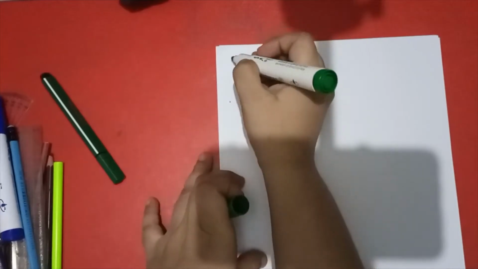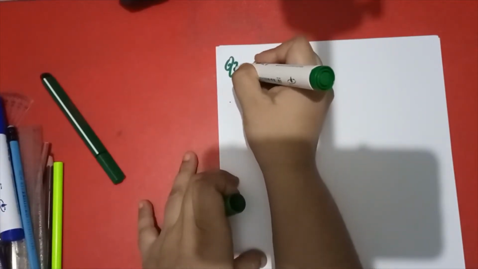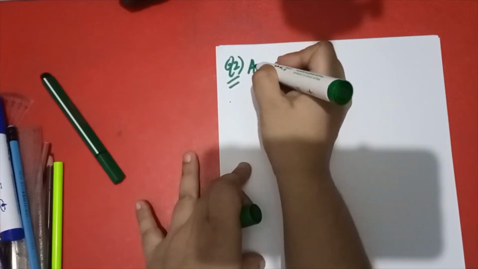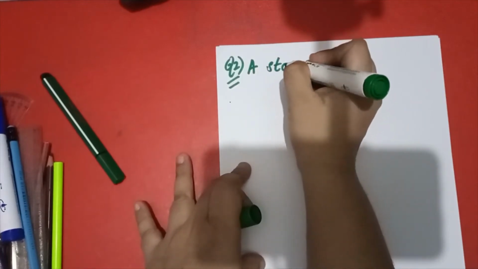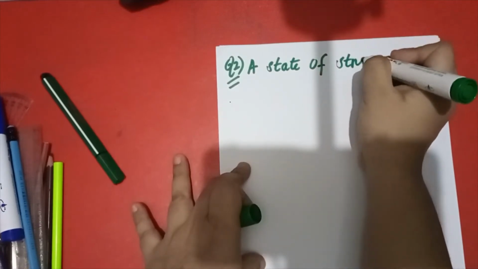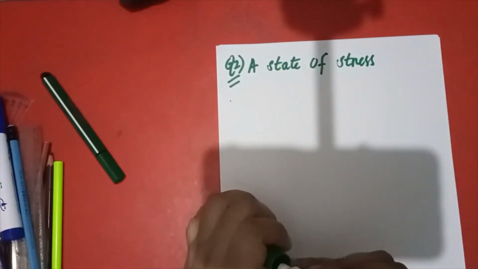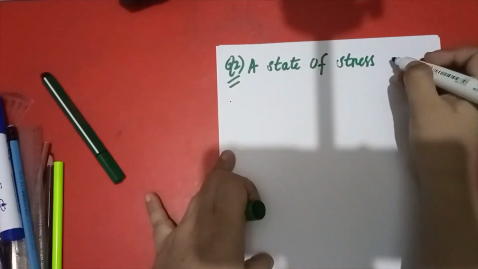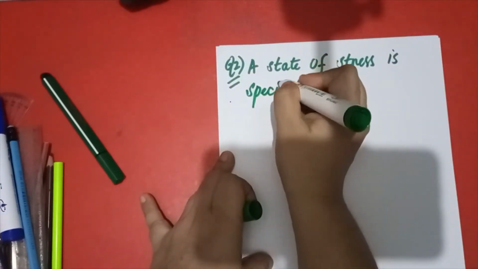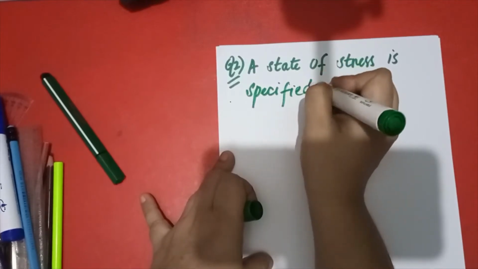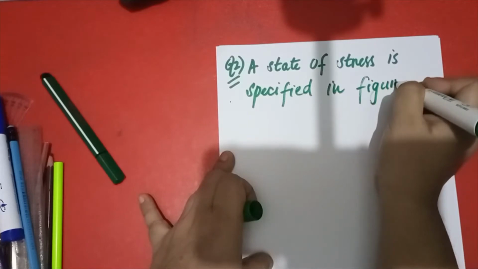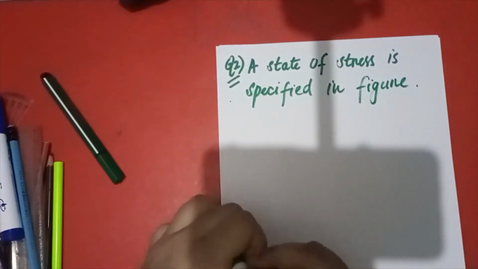I have a question, and this is, for example, question number 2 on the next topic, the Mohr circle. A state of stress is specified in the figure. It means that a figure is given in this question.